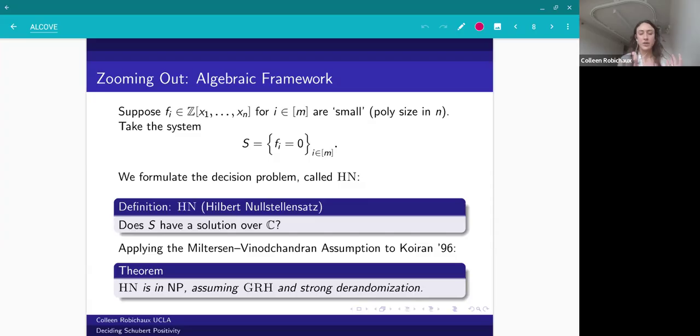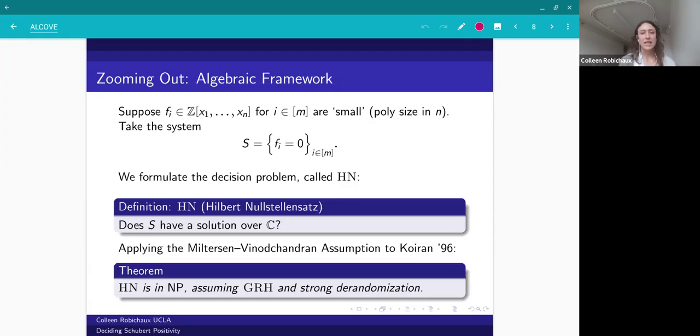So let's look at the fundamental structure of this Schubert problem that we can really zoom in on and distill down. Some of the most fundamental structure is the algebraic structure. A point in this Schubert intersection is going to satisfy all of the equations determined by those 3 Schubert varieties. That's exactly what it means for a point to be in that intersection.